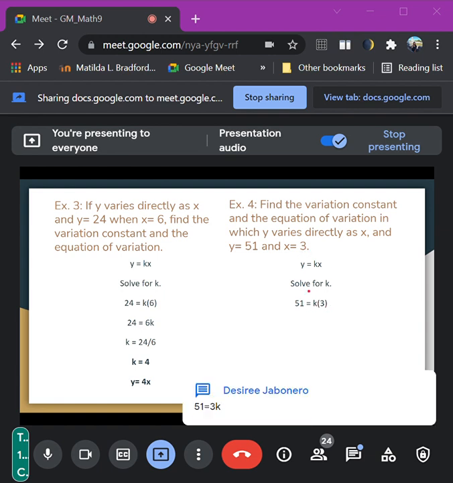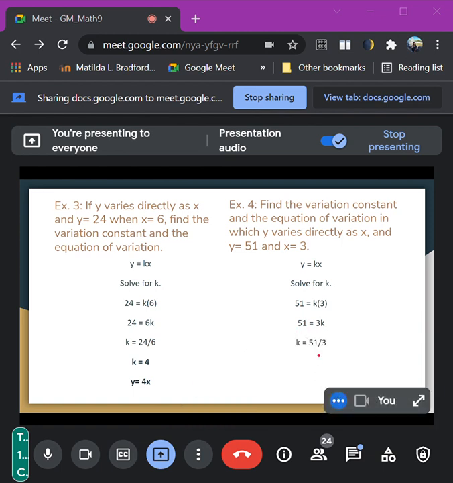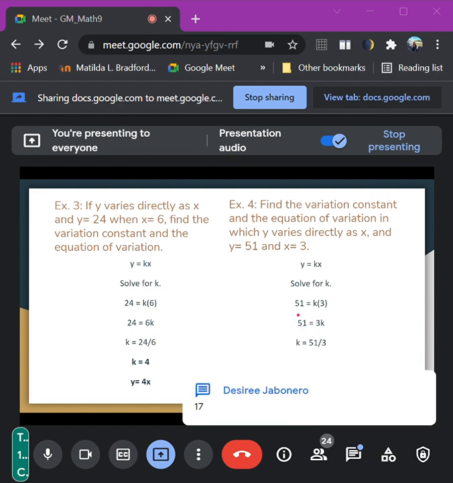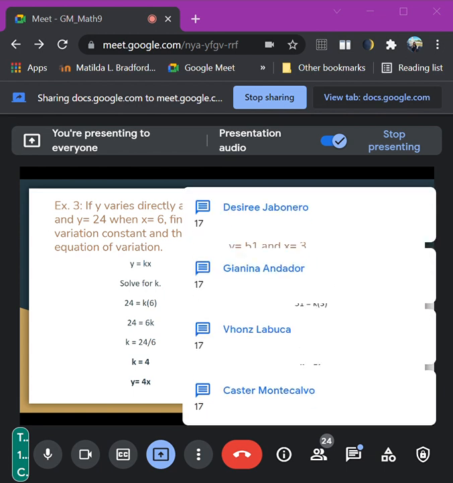And then, we will find the k. And then, you will have 3 times k, that is 3k. And then, divide both sides by 3. So, 51 divided by 3, class, what is it? Okay, very good. So, it means to say your k is equals to 17.